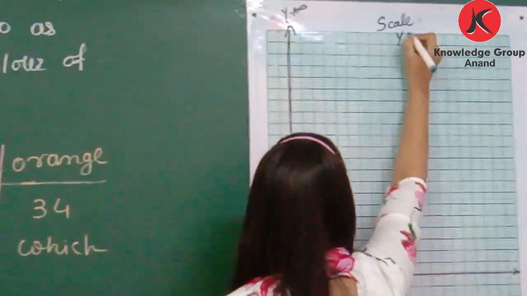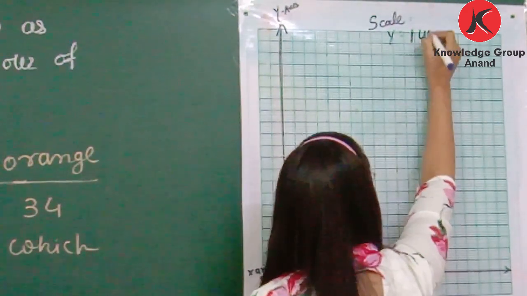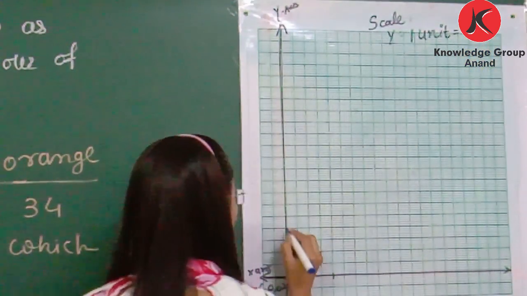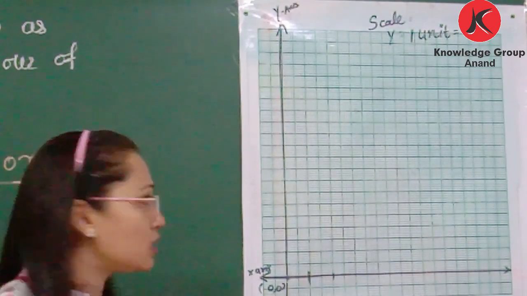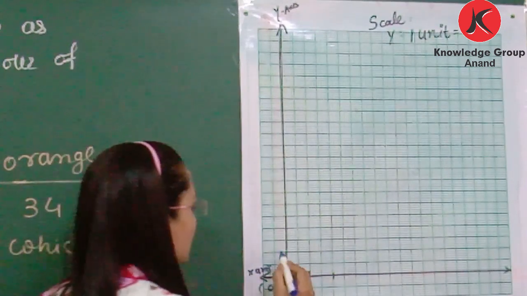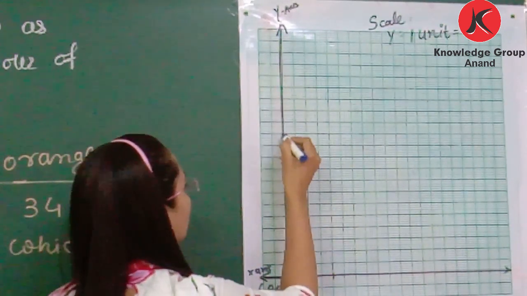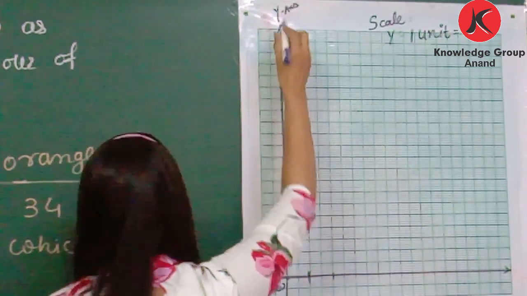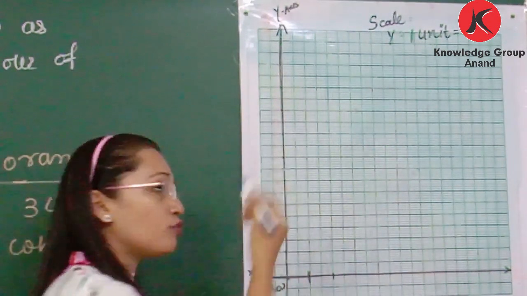Scale on the y-axis. So 1 unit will be, let's start 5, 10. Here the largest number is 55 and the smallest is 19. So we cannot draw a number from 0 to 55 with a scale of 5 only up to 50.